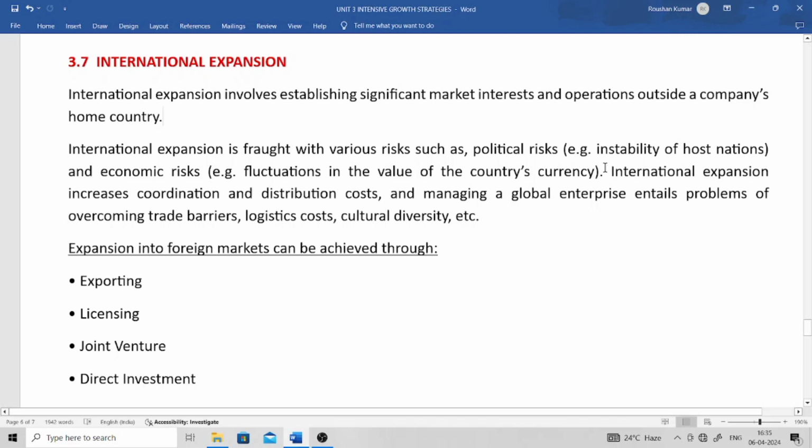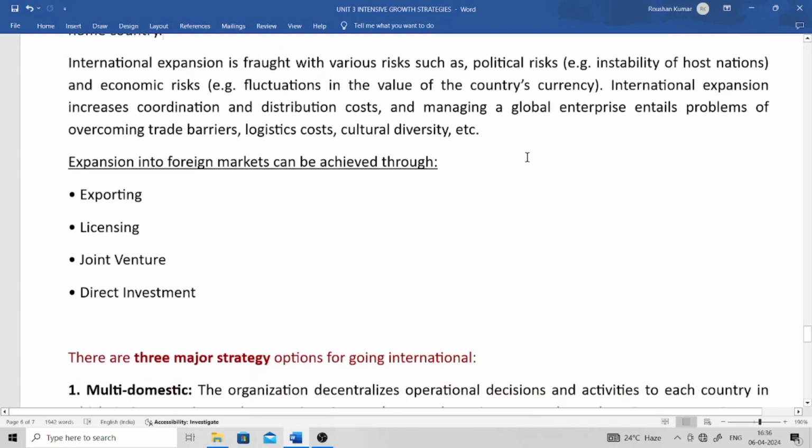Second, that is licensing. Licensing permits a company in the target country to use the property of the licensor. Such property usually is intangible, such as trademarks, patents, and production techniques.